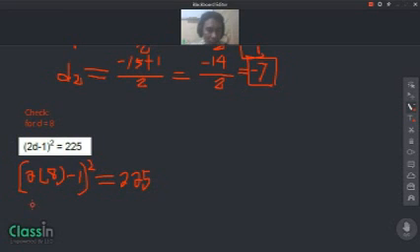We will solve the inner part, the parenthesis, by multiplying 2 and 8. 2 times 8 equals 16, minus 1 quantity squared equals 225.